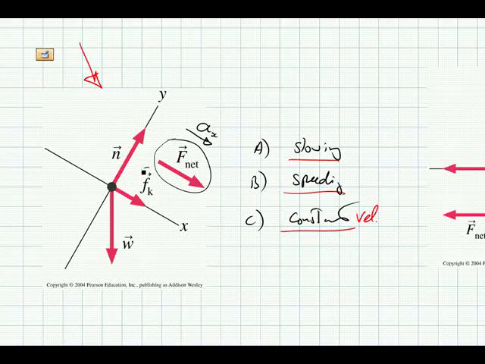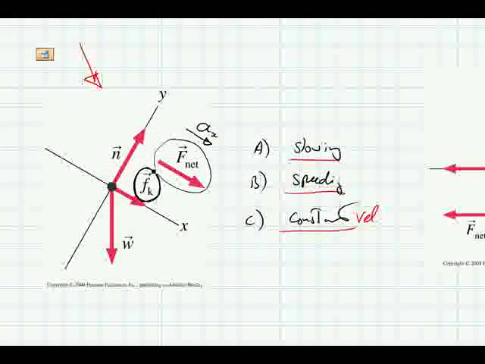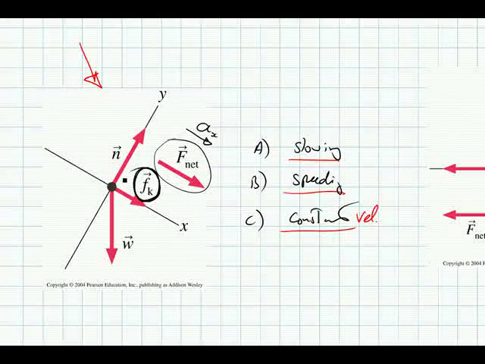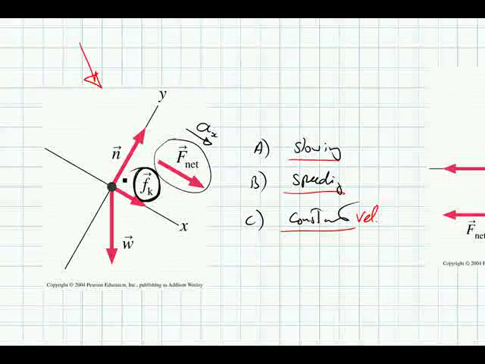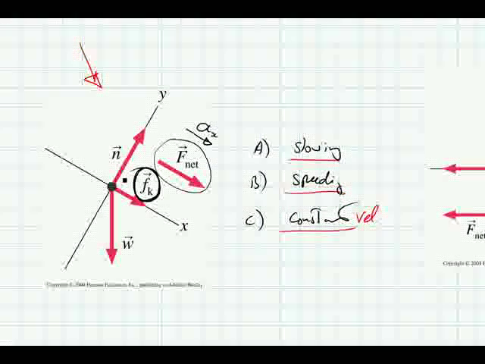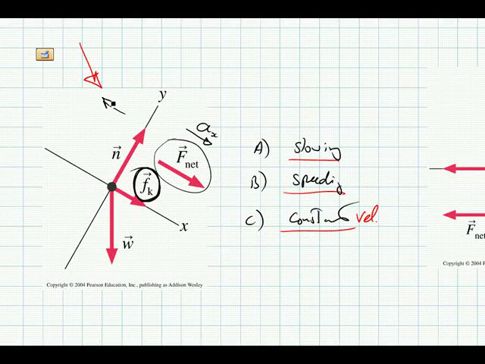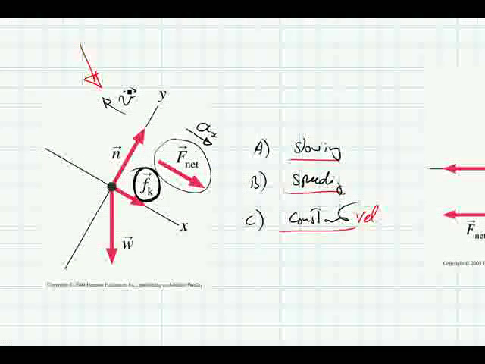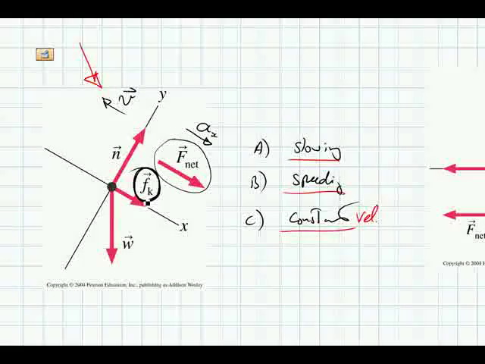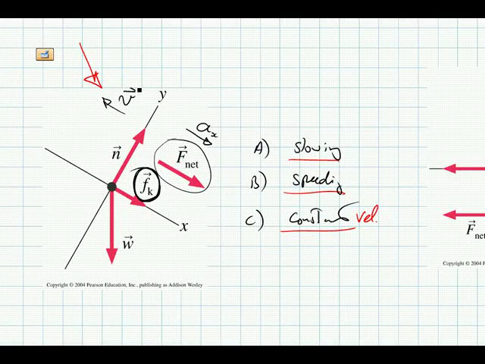To figure that out, pay attention to this. We're dealing with kinetic friction, and kinetic friction, as we said before, always points opposite to the direction of motion. That means that the object has a velocity vector pointing in the negative x direction, since kinetic friction is pointing in the positive x direction.